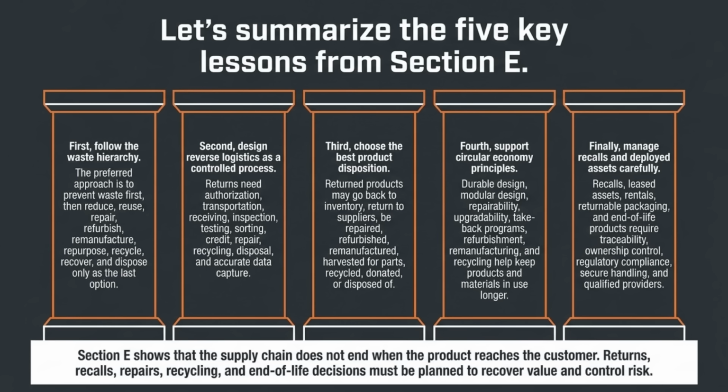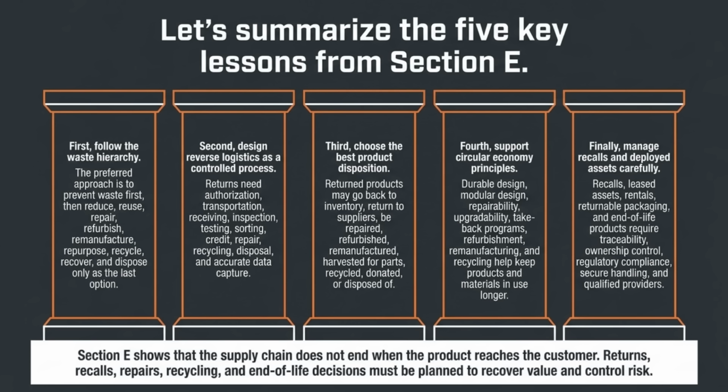Durable design, modular design, repairability, upgradability, take-back programs, refurbishment, remanufacturing, and recycling help keep products and materials in use longer. Finally, manage recalls and deployed assets carefully. Recalls, leased assets, rentals, returnable packaging, and end-of-life products require traceability, ownership control, regulatory compliance, secure handling, and qualified providers.